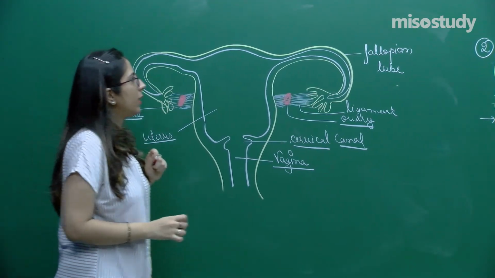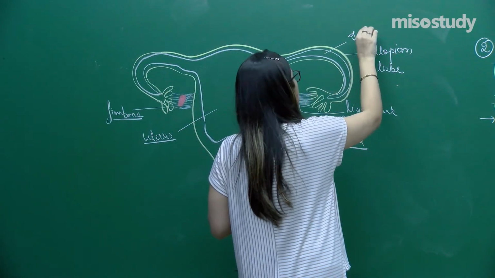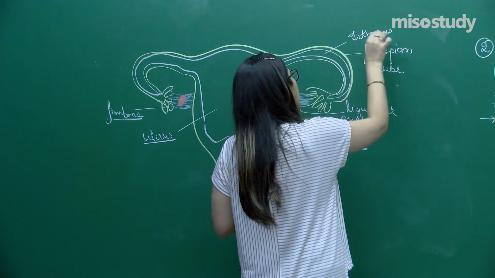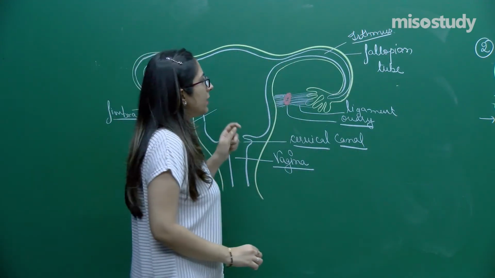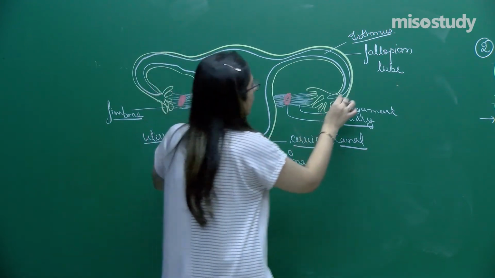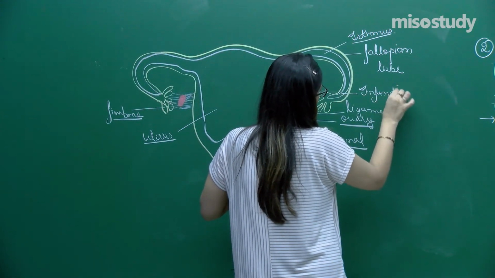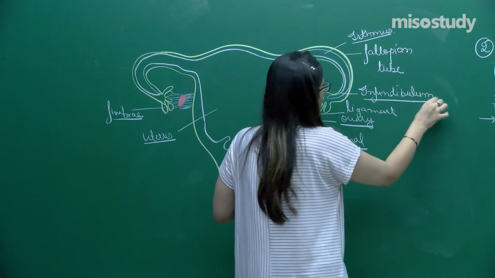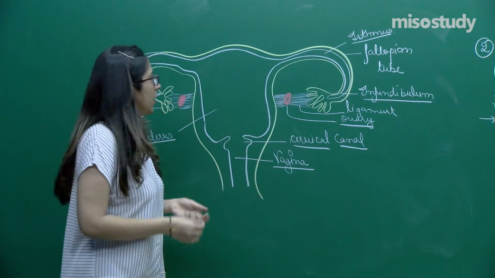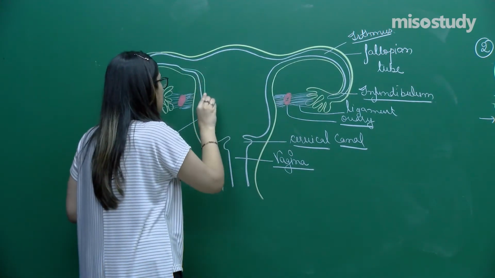Right. After that, in the fallopian tube, we have one region which is called as a isthmus. Isthmus region present, right? And we can see the overall structure. This structure is called as a infundibulum. In the uterus region, the different linings are present.